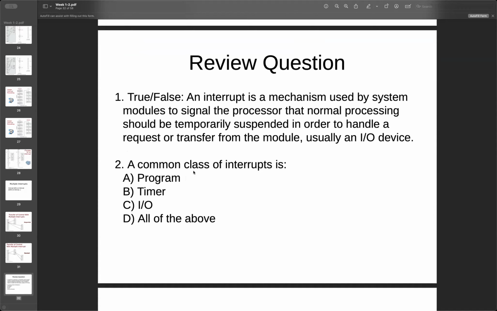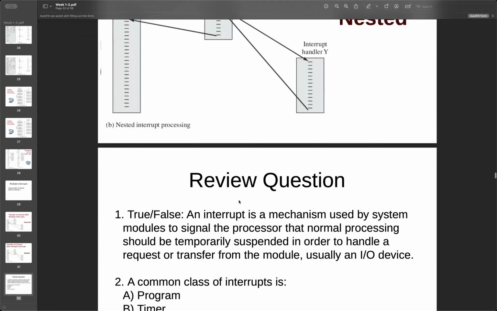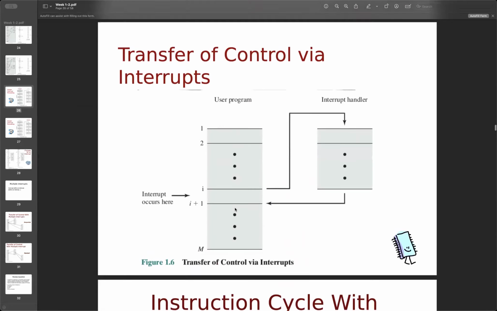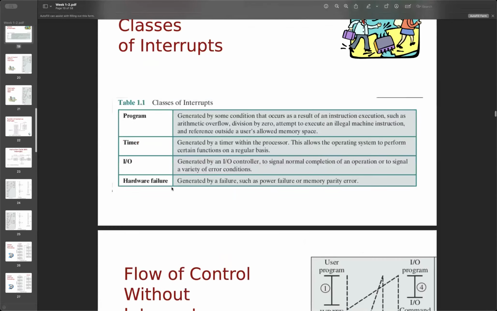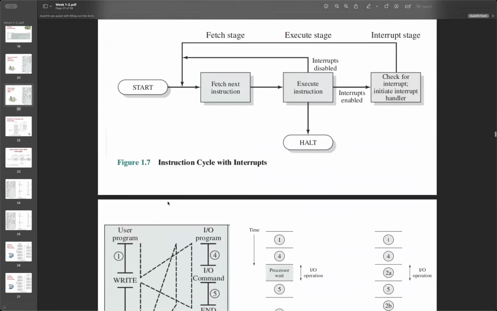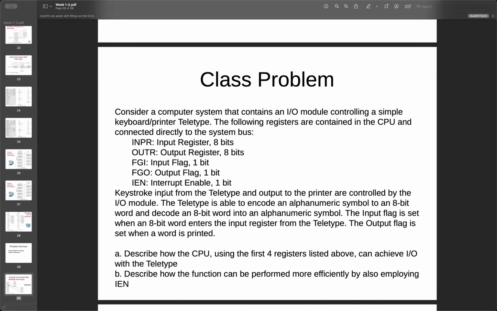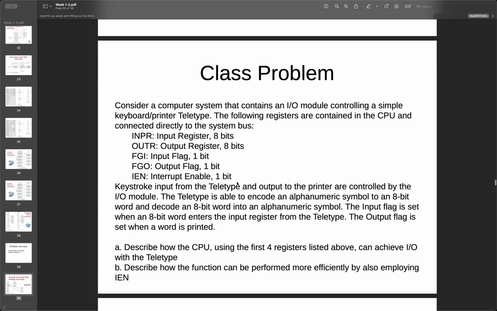And then some common classes of interrupt: if you remember, program, the program itself; timer of the processor; and then also the I/O. And the last one will be hardware failure, right? So there are the four classes of interrupt.